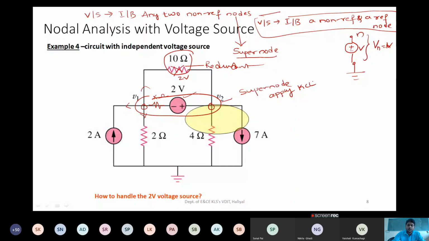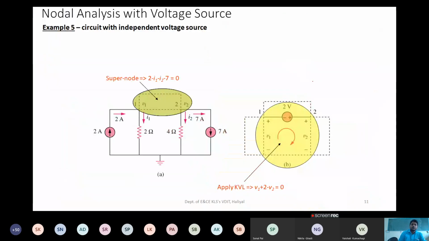So how to do that here? I will rewrite this circuit after removing the voltage source. That voltage source was connected between V1 and V2, so we have removed that. From V1 we have 2 branches, and from V2 we have 2 branches.